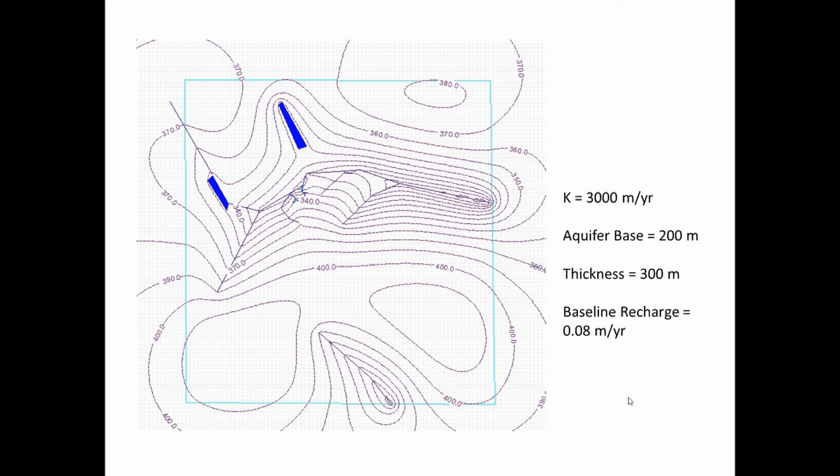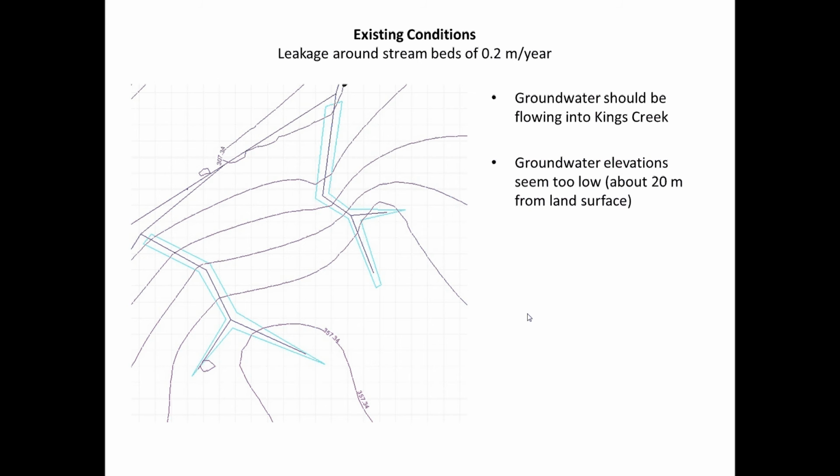So after inputting these boundary conditions for the regional area, I zoomed into the Kanza Prairie area and tried to model the existing conditions. To model the existing conditions, I put in the main streams in the Kanza area. This is Kings Creek, and I actually don't know what this is called, but it was a bigger stream in the Kanza Prairie.